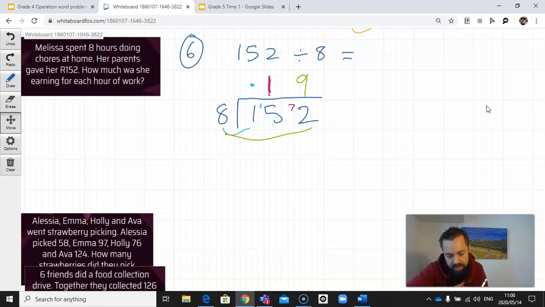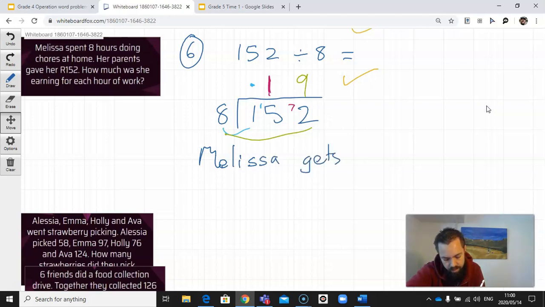So that's 19. So that's our answer. That's our second mark. And we need to put it into a word sentence. So Melissa, with a funny M, gets 19 Rand an hour. And that's the third mark.